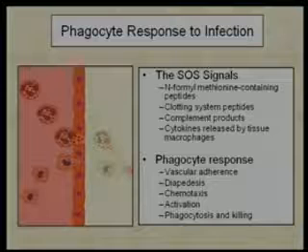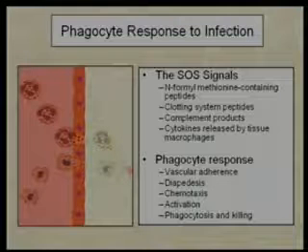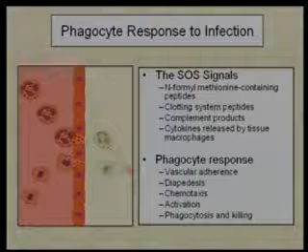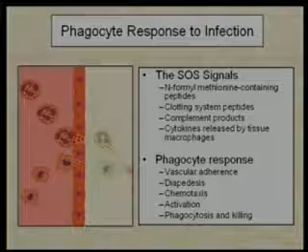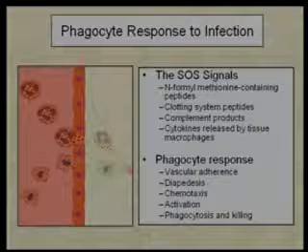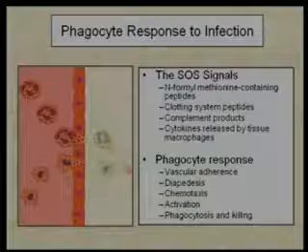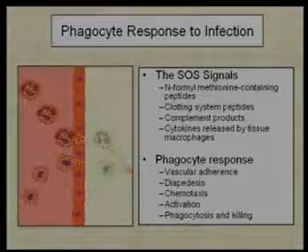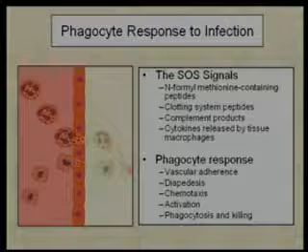Then those cells diapedese, moving through in between the endothelial cells lining the capillaries. Again, remember, many of these things increase vascular permeability, so you're loosening up the vasculature, and the junctions between the endothelial cells are loosened up, and the phagocytic cells can then migrate through the endothelial cell layer into the tissue spaces.